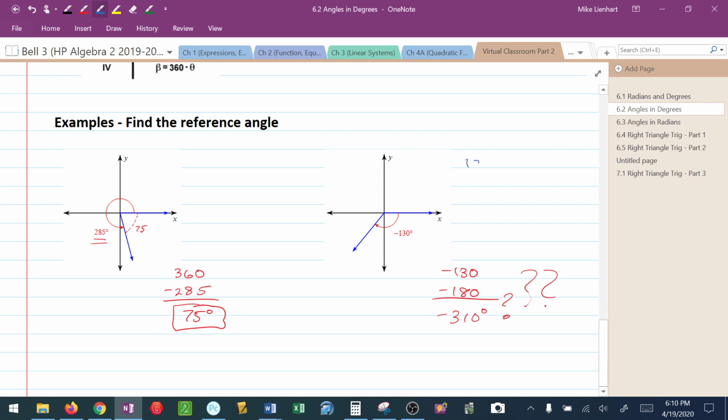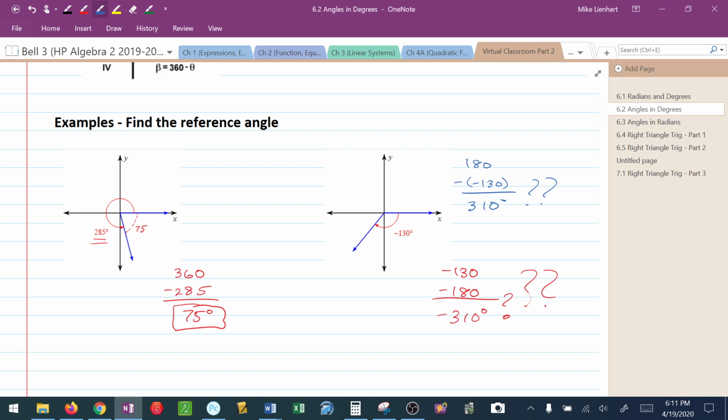So for that, we would take 180, but then we're going to subtract negative 130. Again, it gives us 310 degrees. That's not between 0 and 90 degrees.